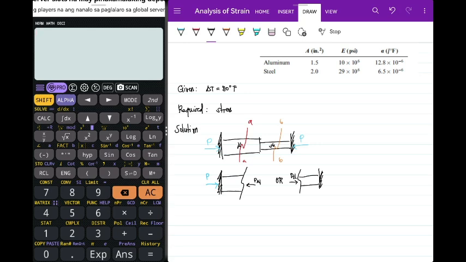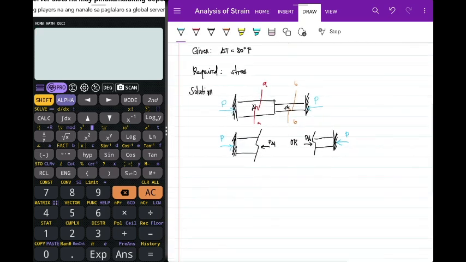If you can observe, in our system, meaning the aluminum and the steel, there is no other force being applied to both of the materials.